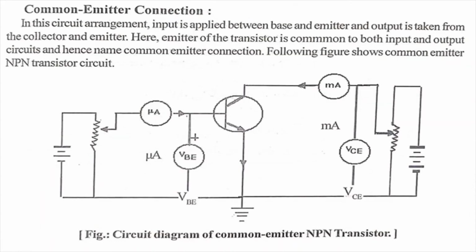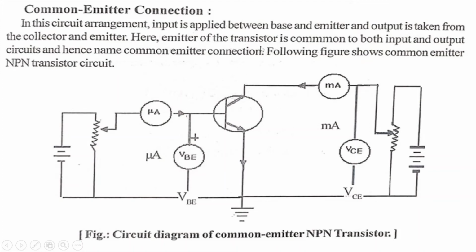Now, common emitter connection. In this circuit arrangement, the input is applied between base and emitter. See, in this common emitter NPN transistor, the input is applied between base and emitter and output is taken from the collector and emitter terminal as shown in figure.